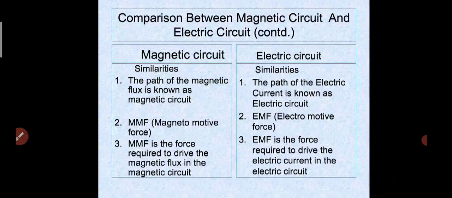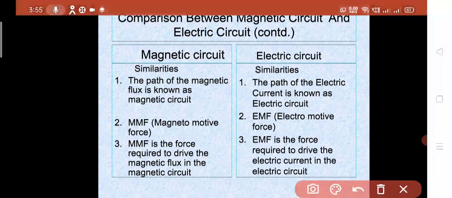Electric circuit: the path of the electric current is known as the electric circuit. Second point, magnetic circuit: MMF, magnetomotive force. Electric circuit: EMF, electromotive force.